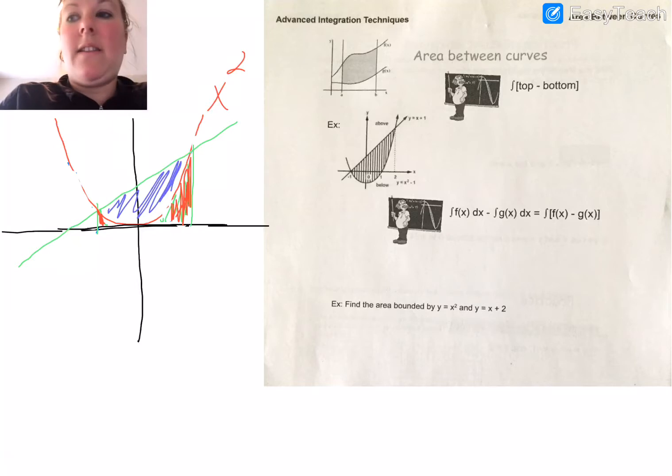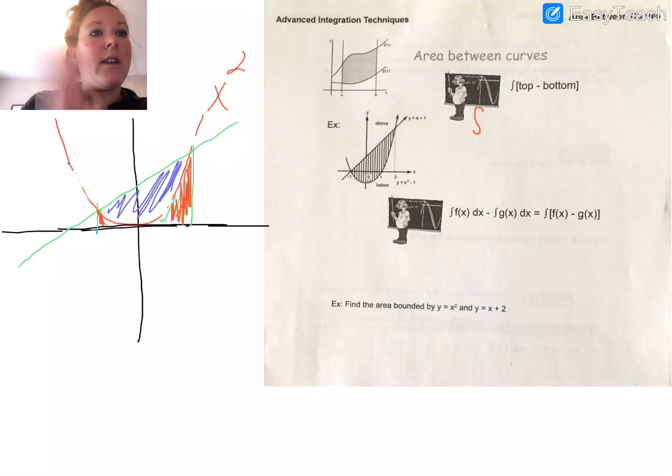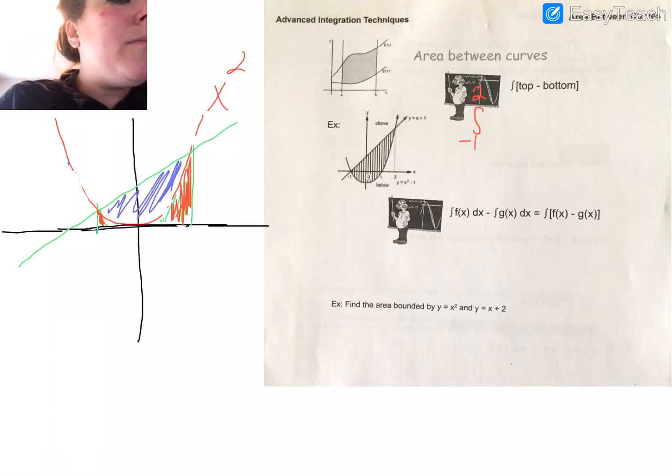So to set this up, I'm going to have to write really small here, the integral. And then I'm bounding them by where they intersect because I want the area between. So -1 to 2. And then I'm going to do top function minus the bottom function.